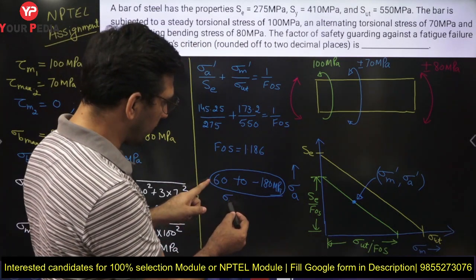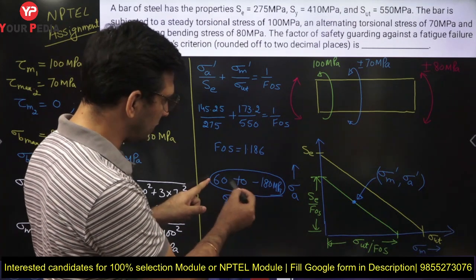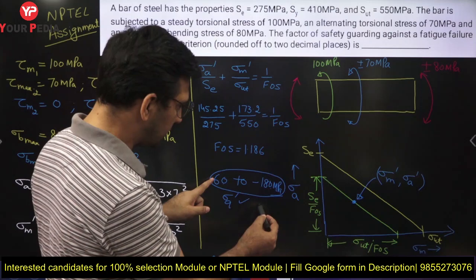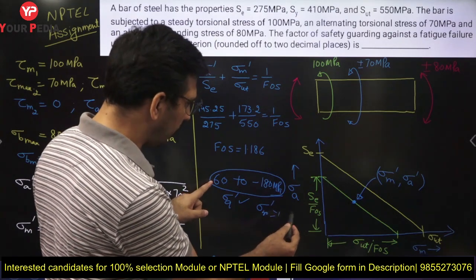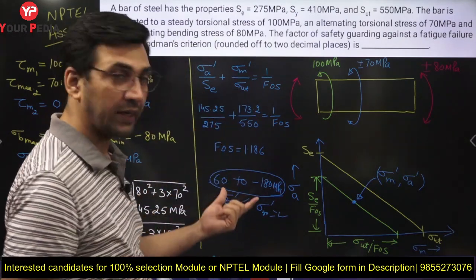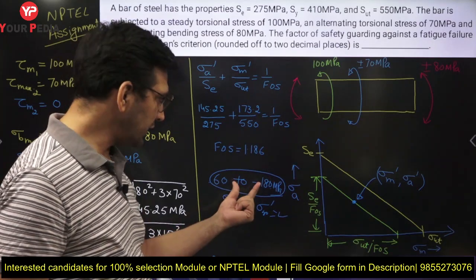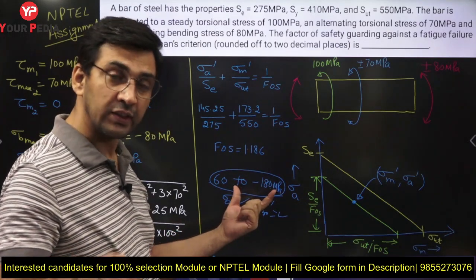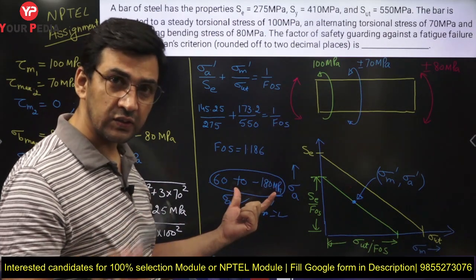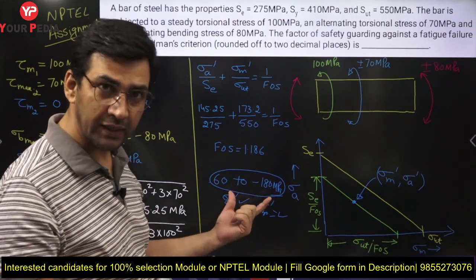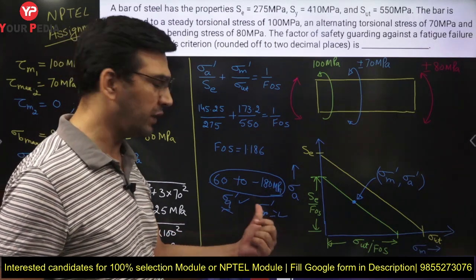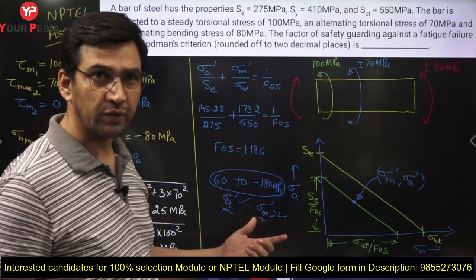Then you will find sigma A dash and sigma mean dash directly, because this is maximum and this is minimum, and input them into the formula very easily. For one stress, when only one stress is fluctuating, whether it is a torsional shear stress, axial stress or bending stress, it is straightforward. Find out the amplitude, find out the mean, get it solved, very, very easy.